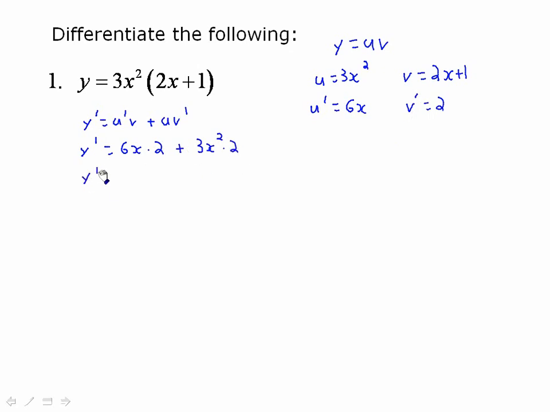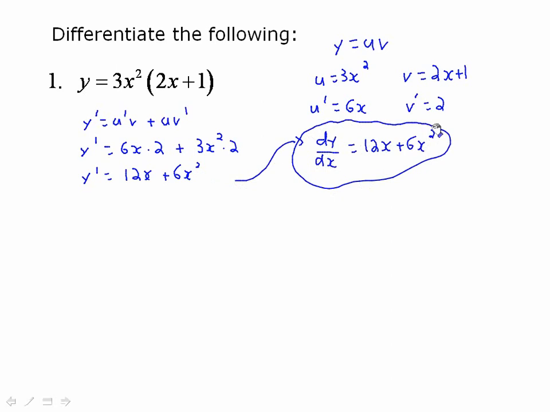So y prime is equal to 12x plus 6x squared. Now you can leave it like that, but I'm going to go back and write it in Leibniz notation, which gives us more information. So that prime notation I used just to sort of get me through.